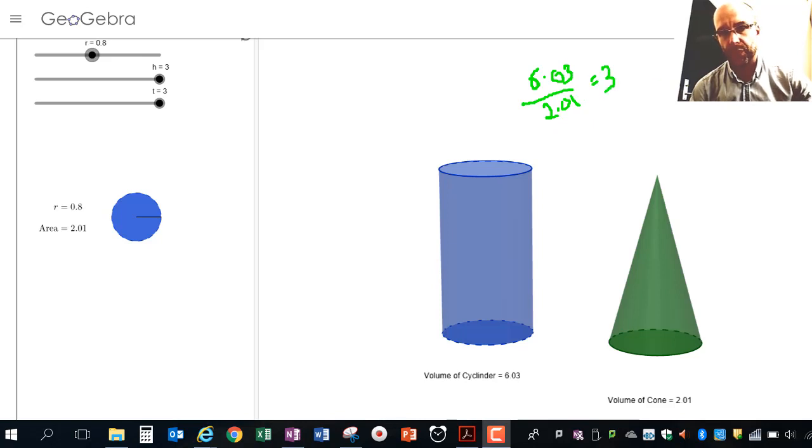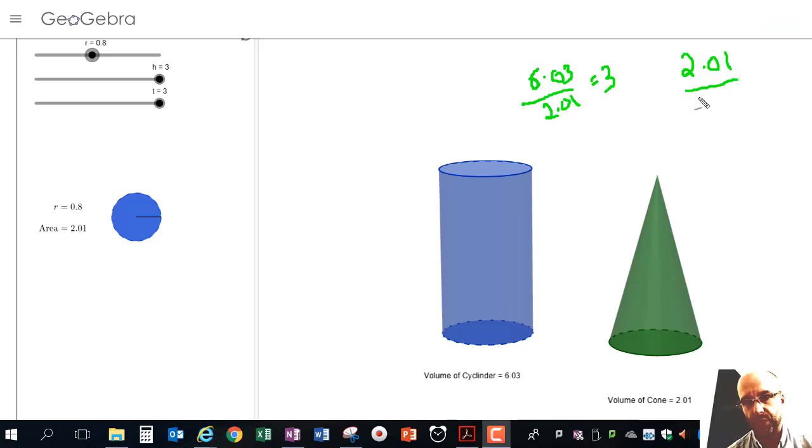Or if you did it the other way around, 2.01 over 6.03, you would get 0.3 recurring, or 1/3. So at the moment, the volume of the cone is 1/3 of the volume of the cylinder.